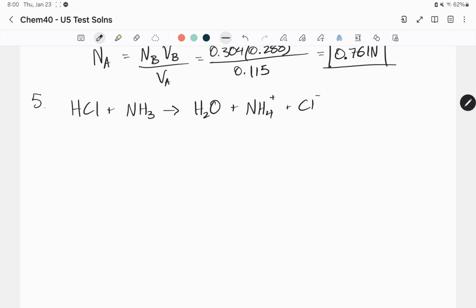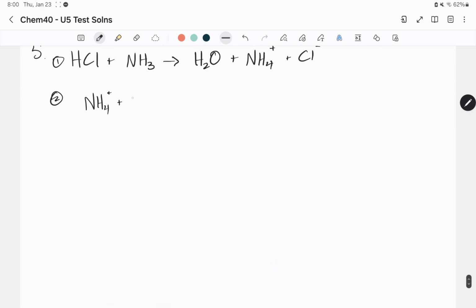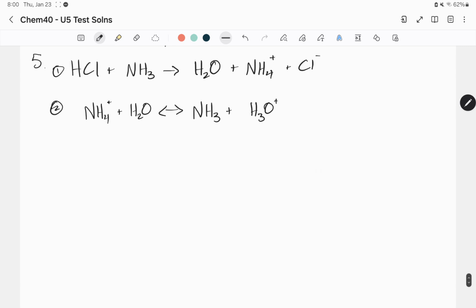It's a polyatomic ion. So you're given this first reaction, and then a secondary reaction. Now you have ammonium reacting with the water, producing in a reversible reaction ammonia once again, and hydronium.